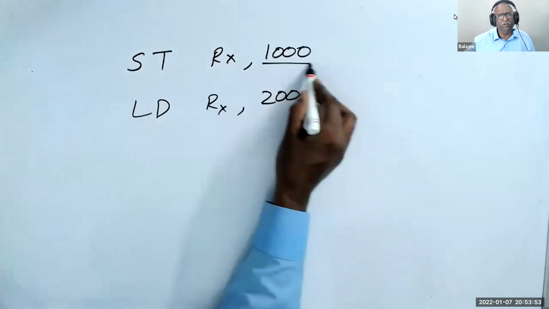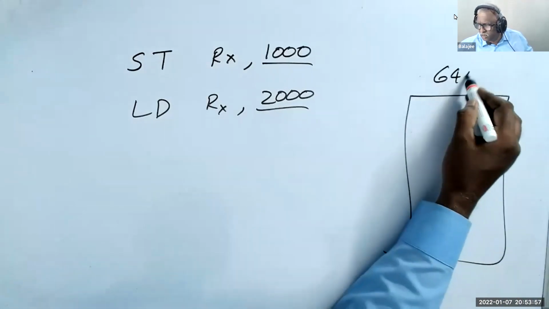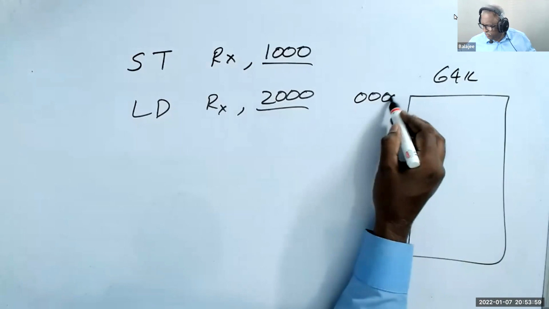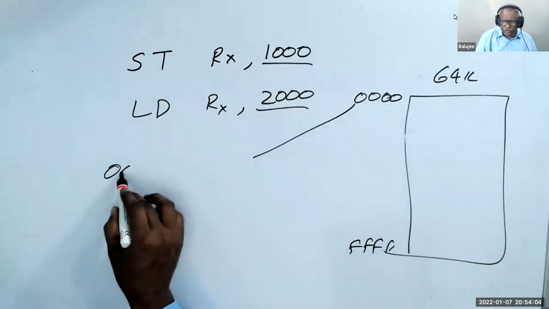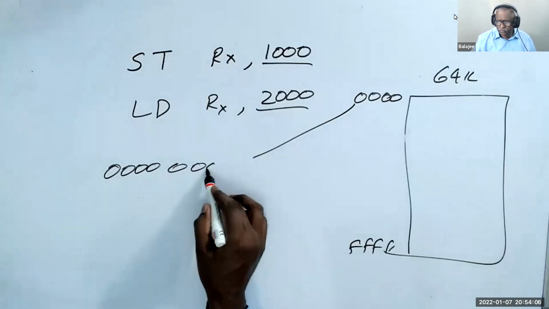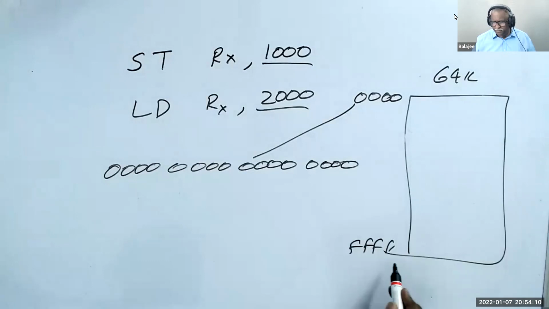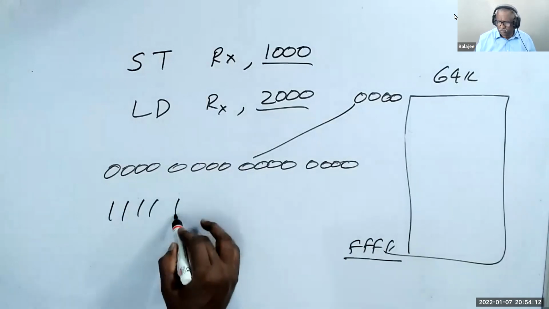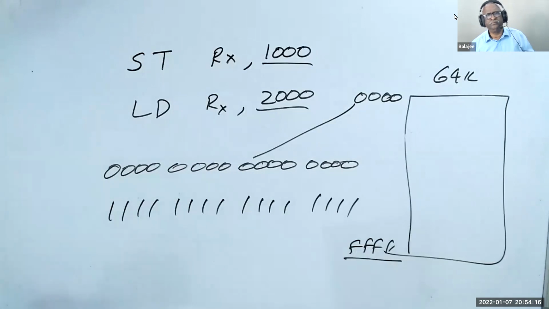This can be anything. For example, you have a 64K space, from 0000 to FFFF. That means 0 represents 000, and the last represents FFF, which is 65,535.